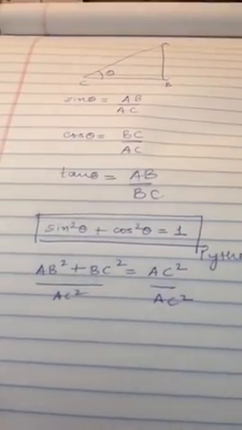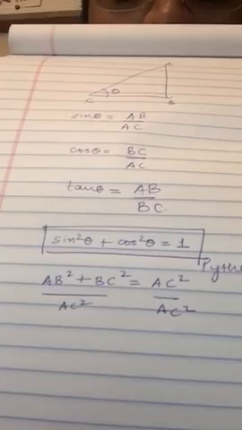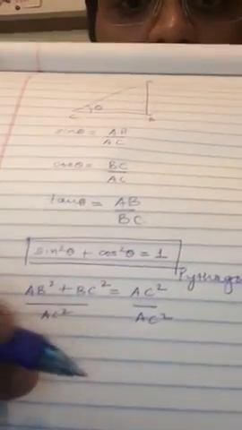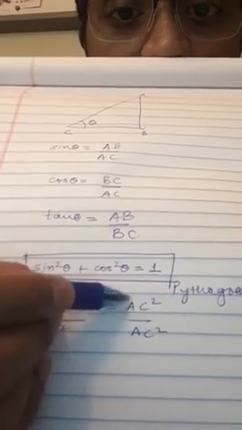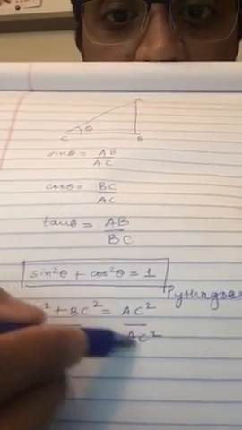If I divide by AC square, it will look something like this to you. I hope this makes sense. I'm going to split it in three strips. This is going to cancel with this one, so this turns out to be 1.